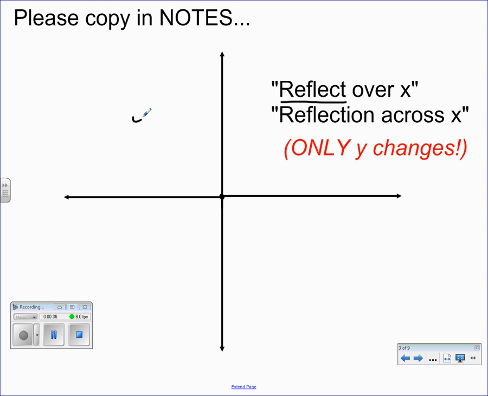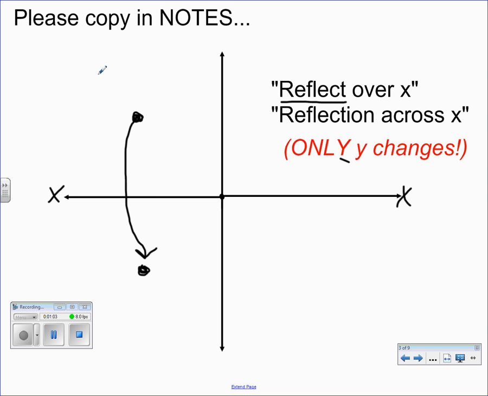So if you have a point, say this one, and they say reflect it over the x-axis or reflect it across the x-axis. Remember, this is x. So we're crossing x. That means however far up we are, we're going down, right? We're not going to move left or right. We're just going to move down.